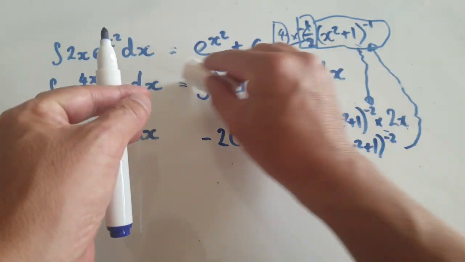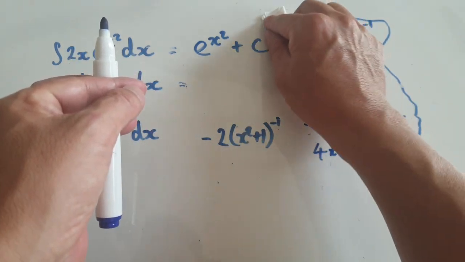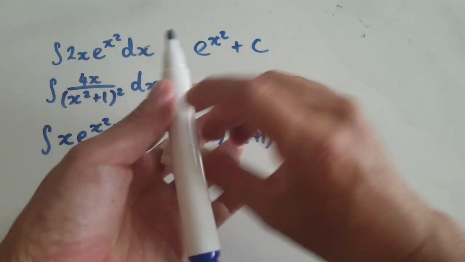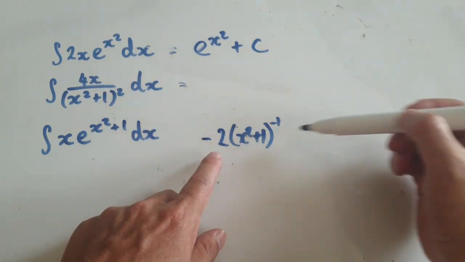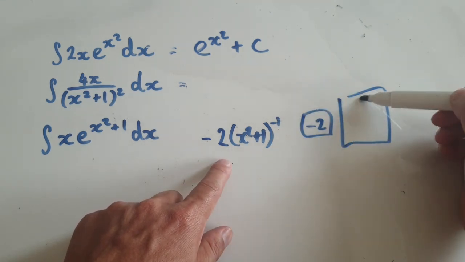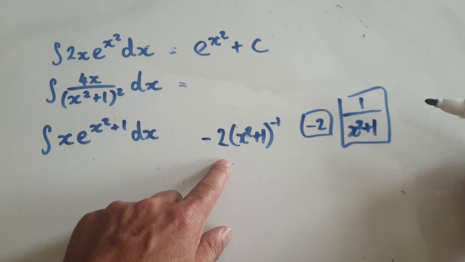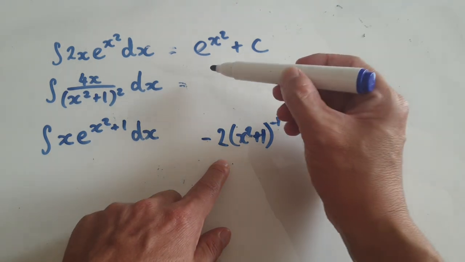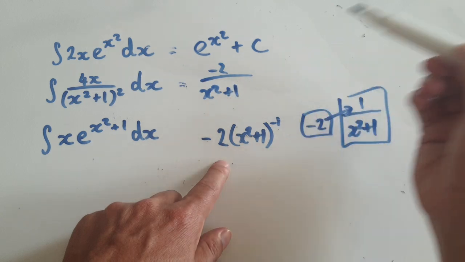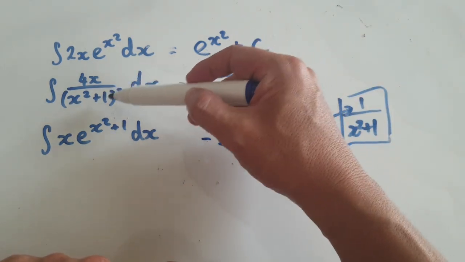So the final answer would be, let me just clean this up. I'm going to visualize negative 2 as one block, and then this minus 1, I'm going to visualize it as x squared plus 1. This gets multiplied to the top, so it will be negative 2 over x squared plus 1 plus c. There, that's how you integrate this.